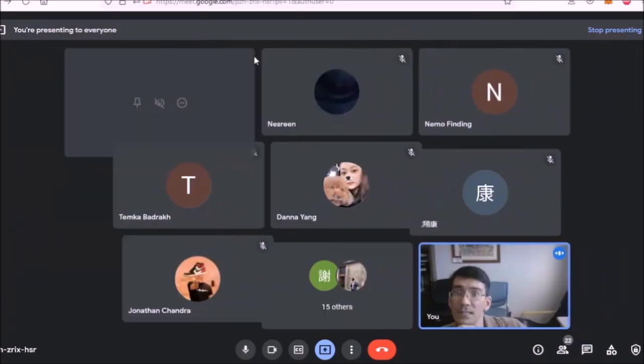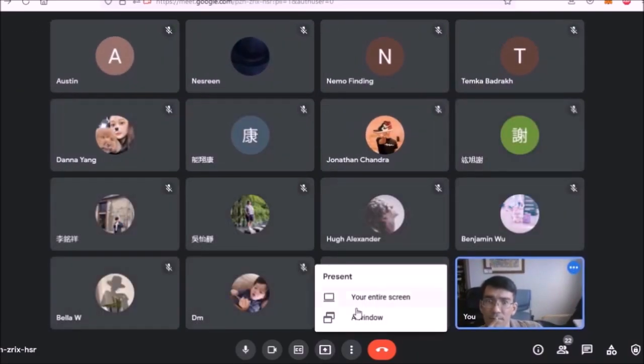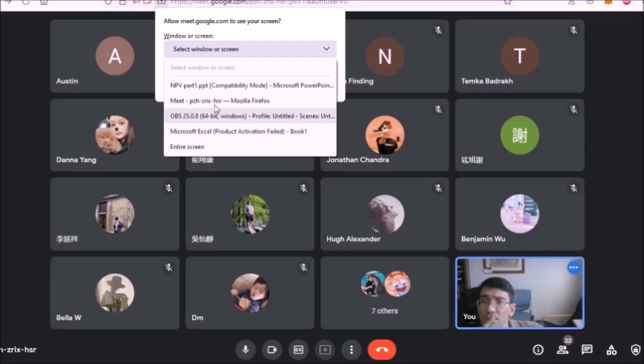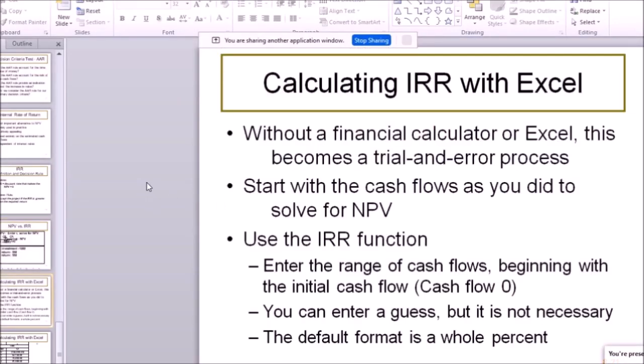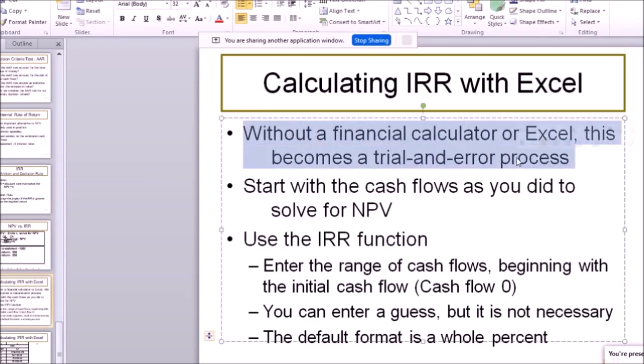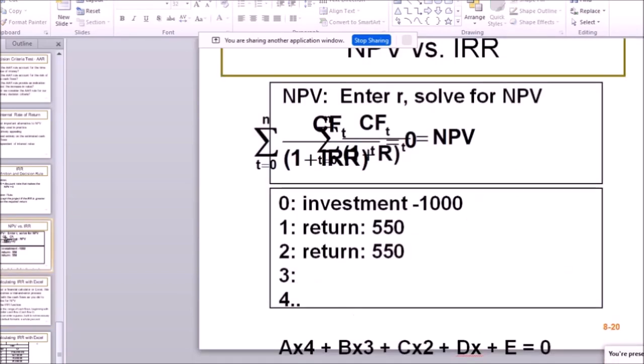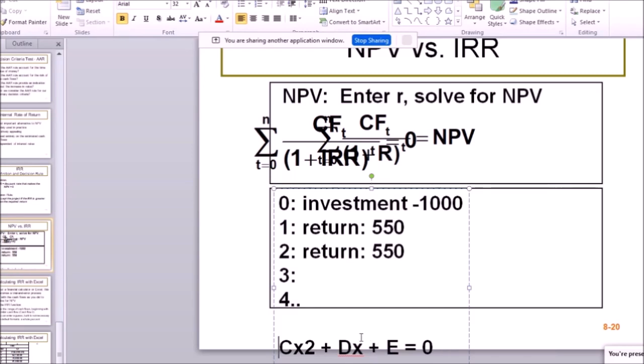So lastly, let's go back to the slides to finish up with IRR. As I said, without the calculator, once you go for more than 2 periods, it gets really difficult. Even with 2 periods, I'll have to Google the formulas to solve that quadratic equation.